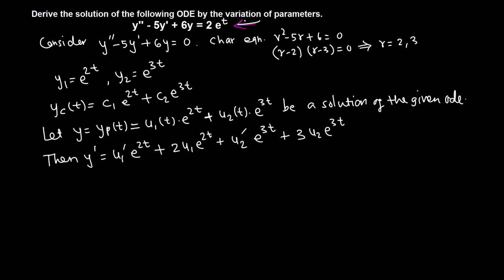Okay, and we find the second derivative, and then plug these y, y prime, y double prime into the original ODE. Then we get a relationship between u1 and u2. We get only one relation, but we are trying to find two values, u1 and u2. If there are two unknowns, then we can have two equations. So now we're going to put another condition that makes our life easier. Let's assume u1 prime e2t plus u2 prime e3t be 0.